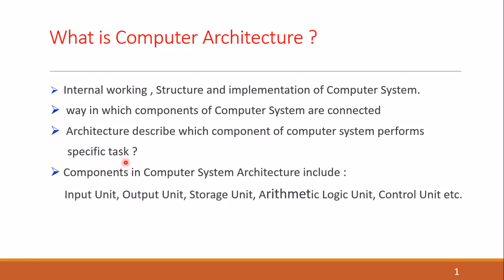The components include the input unit. Examples of input units are the mouse, touchpad, pointing stick, touch screen, and trackball. Output unit: examples include monitors, LED monitors, LCD monitors, and CRTs.